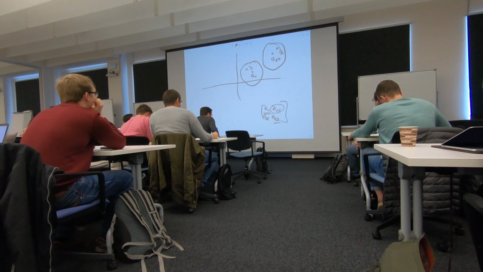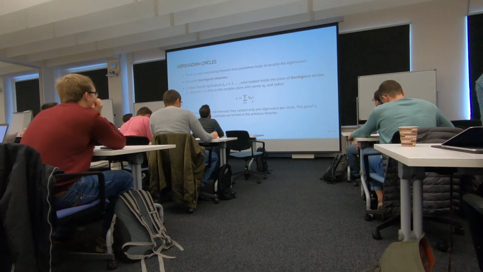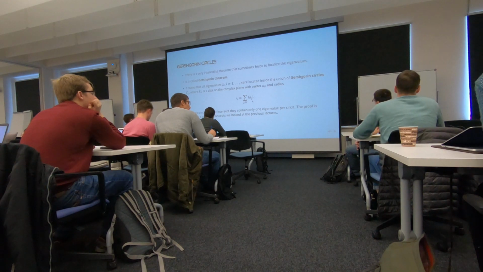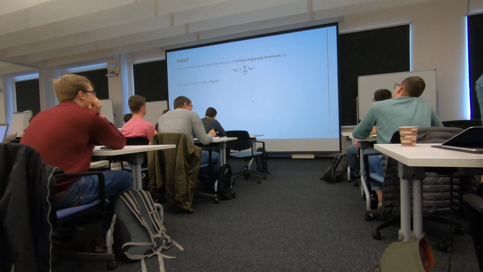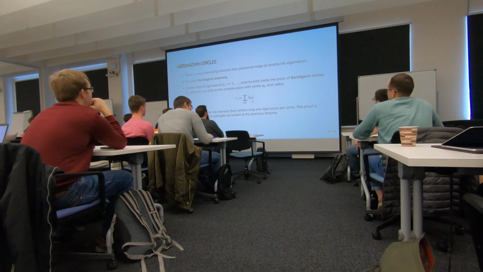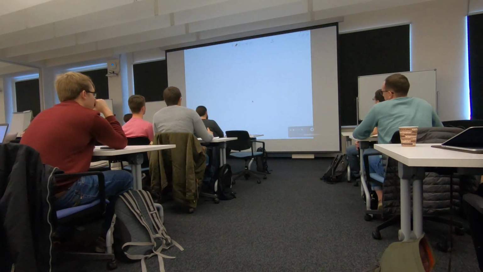If they intersect, we may talk about the number of eigenvalues, but the main statement is like this: if you have a circle that does not intersect with any other, it has one eigenvalue inside. That's the statement.